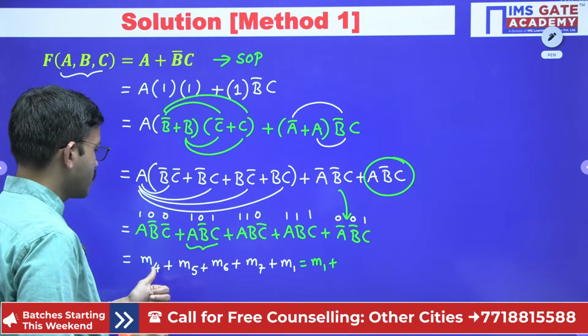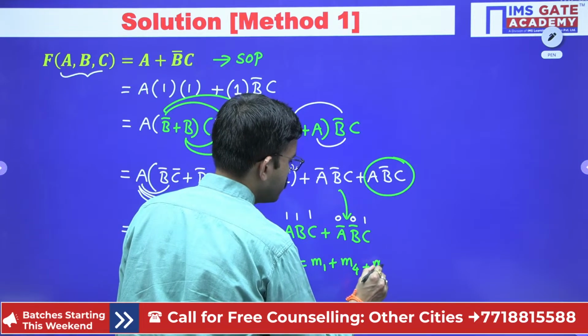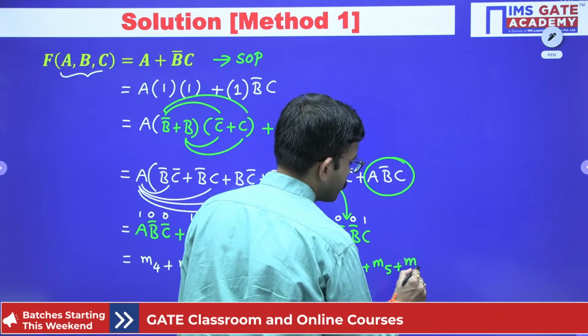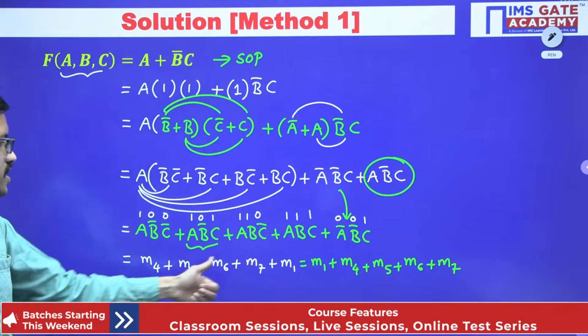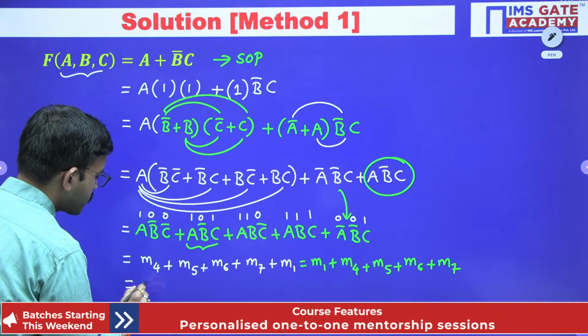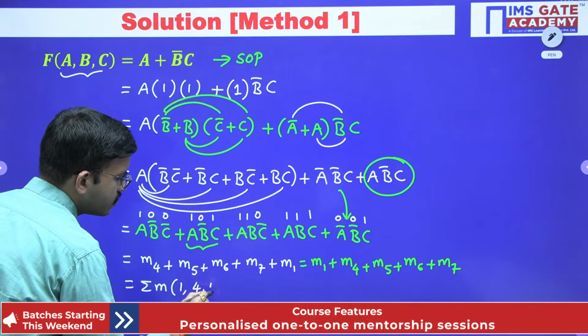M1 plus M4 plus M5 plus M6 plus M7. 1, 4, 5, 6, 7. So this one you can write as sigma m 1, 4, 5, 6, 7.